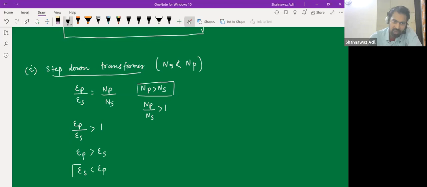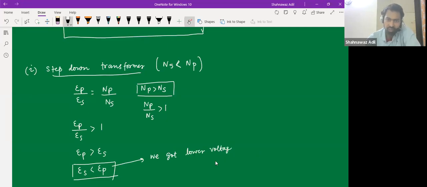So that is why we provided a higher voltage, but due to the transformer's action, we have got a lower voltage, right? We got lower voltage, which means that is why we are calling it a step down transformer.